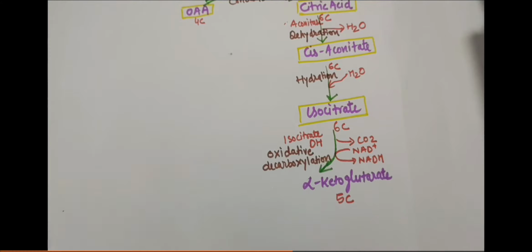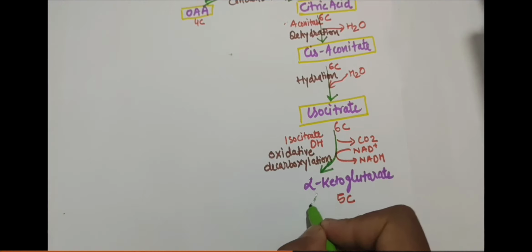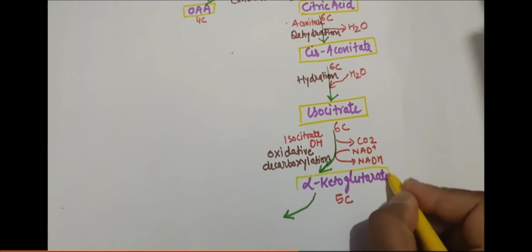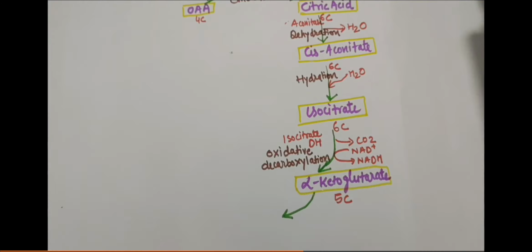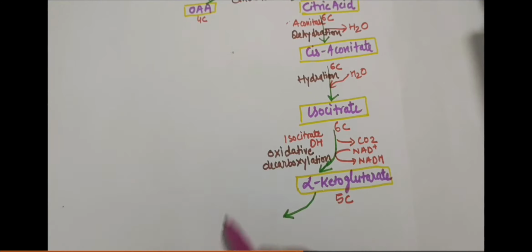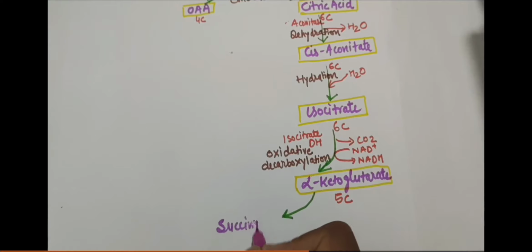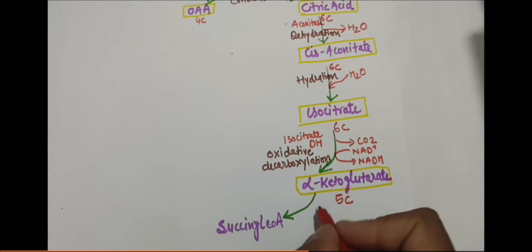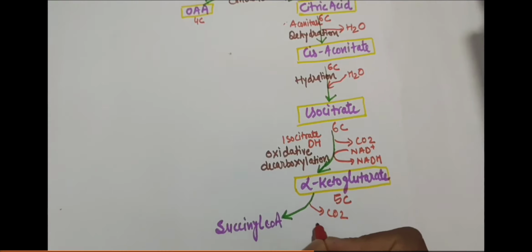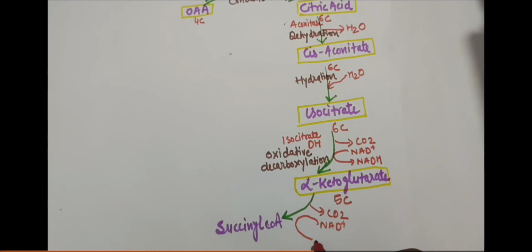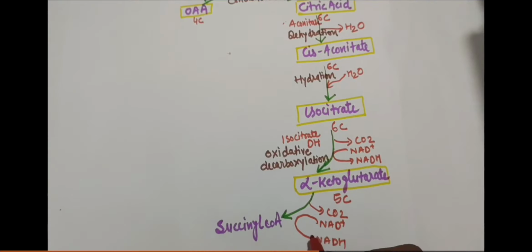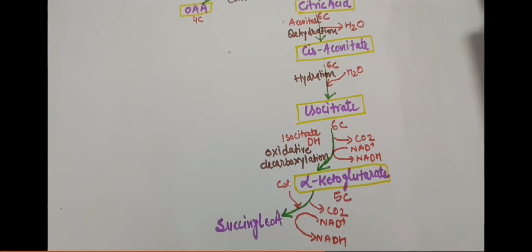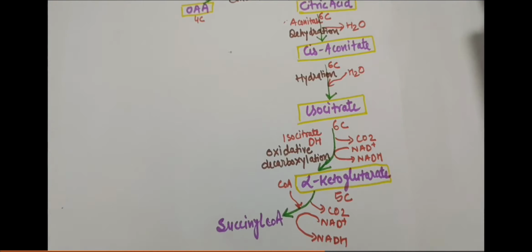Now alpha ketoglutarate further converts into succinyl CoA, which is a 4 carbon compound, and again here there is a reduction of a carbon in the form of CO2, and NAD positive gets converted into NADH, and here coenzyme A also enters the reaction.